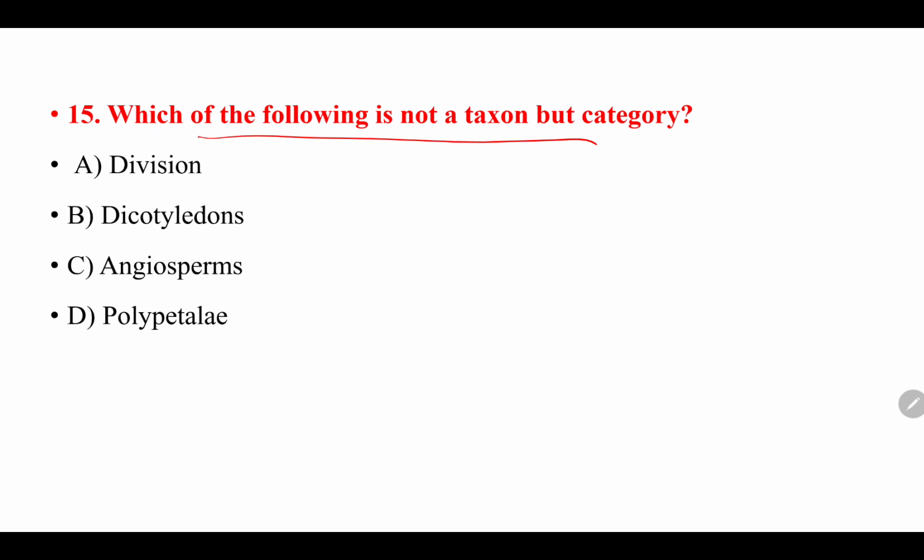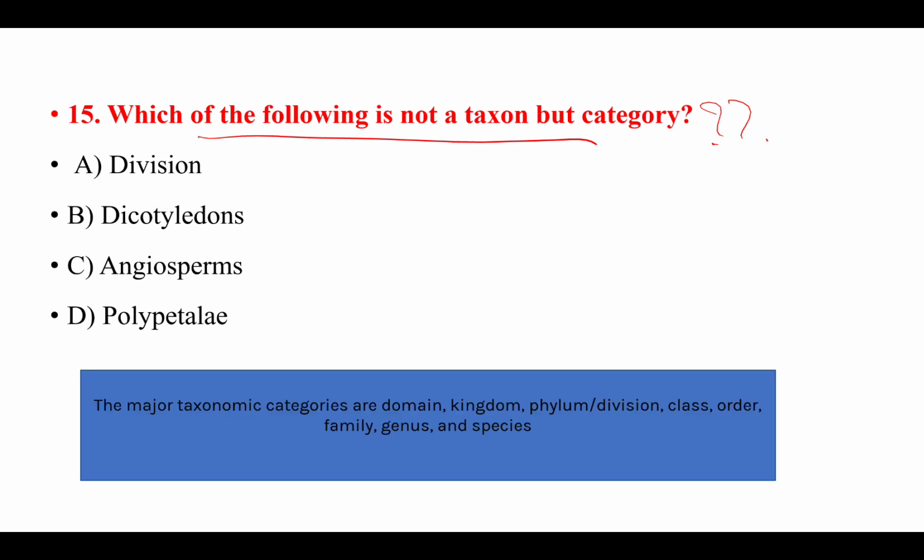Which of the following is not a taxon but a category? You might be confused, right? It is not a rank, but it is a category. See, first you have to note down the major taxonomic categories. The major taxonomic categories are the domains, then kingdom, phylum or division, class, order, family, genus, species.